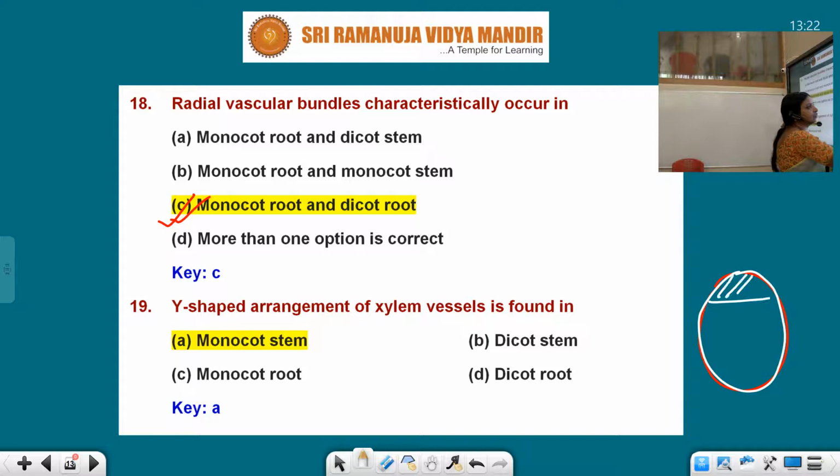This portion is phloem, this portion is metaxylem, bigger in size, and this small joker nose-like structure is protoxylem, and one of the protoxylem breaks and forms a lacuna-like structure, a cavity. That is lacuna. So it is forming a V-shaped or Y-shaped structure. So Y-shaped arrangement of xylem vessel is found in monocot stem.